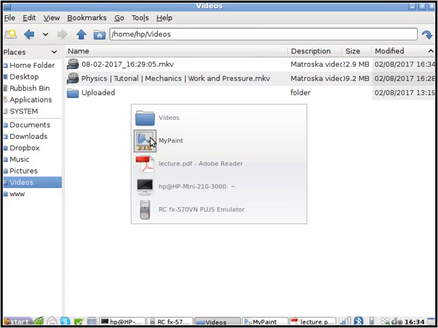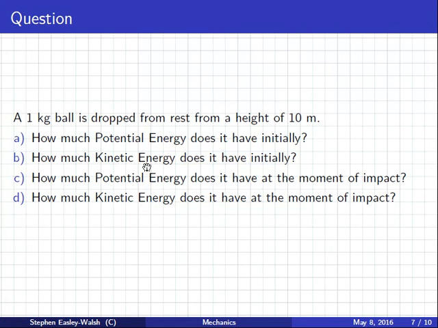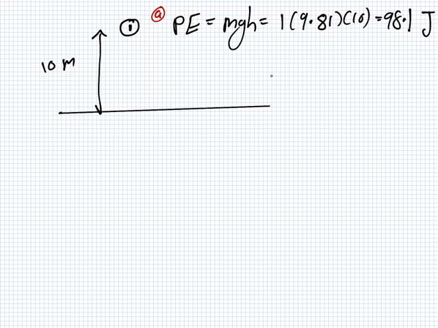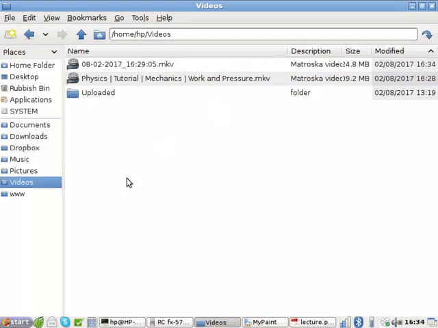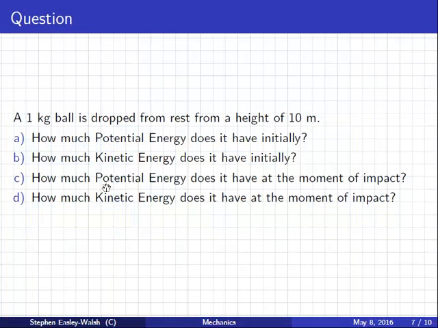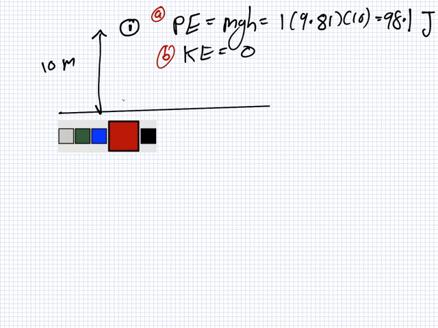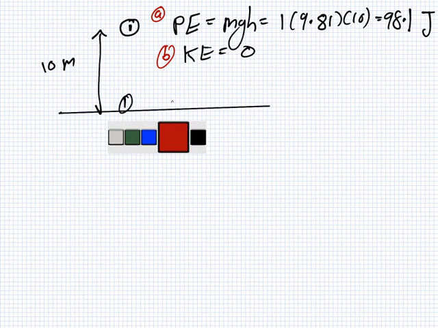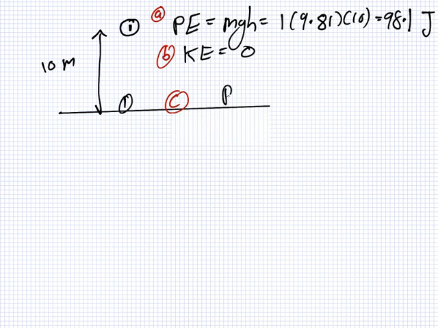Now, part B, how much kinetic energy does it have initially? Zero. At the beginning it has no kinetic energy. C. How much potential energy does it have when it hits the ground? So when it's down here, its potential energy is 0 because it has no height, it's on the ground.